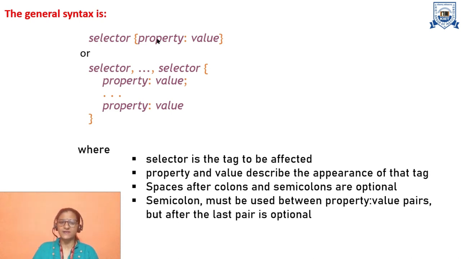The property and the value, these both in a pair, describe the appearance of that particular tag. Now, spaces after colons and semicolons are optional. Semicolon must be used between the property and value pairs, but after the last pair, it is optional.